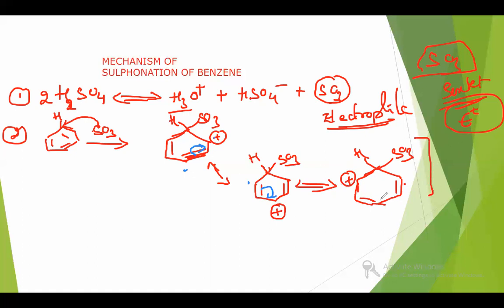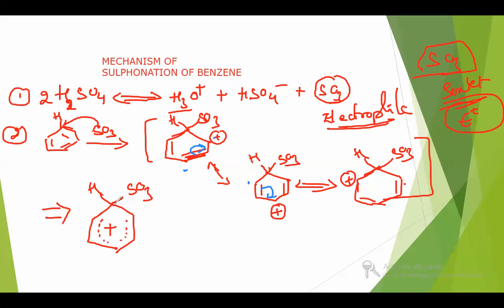These three equivalent resonance structures can be written like this: the benzene ring with hydrogen and SO3 on the sp3 carbon, and the positive charge relocalized from position to position, but not as a complete circle.